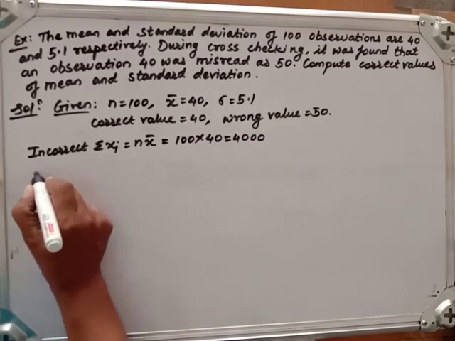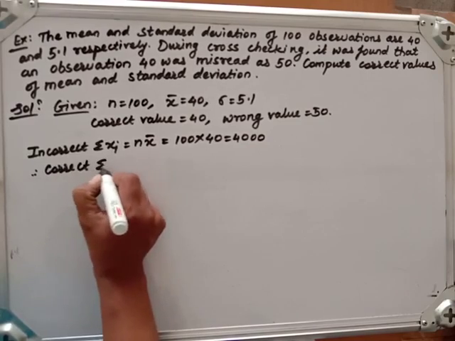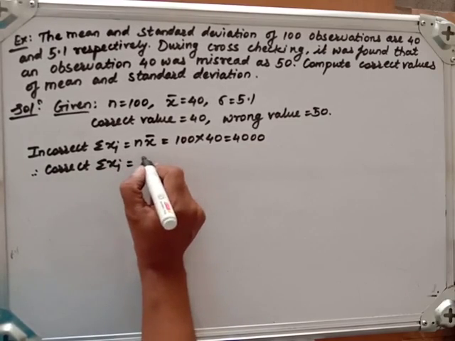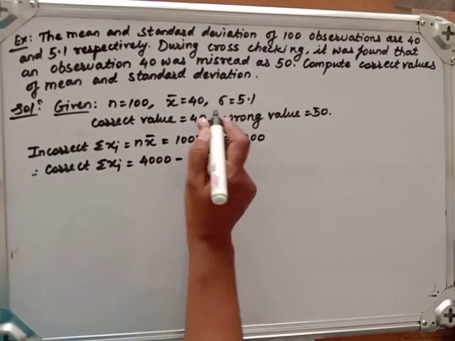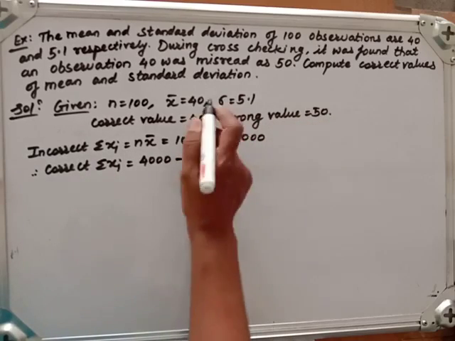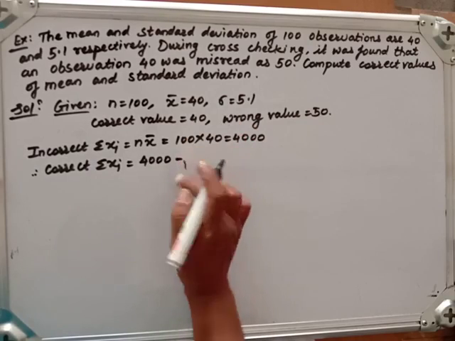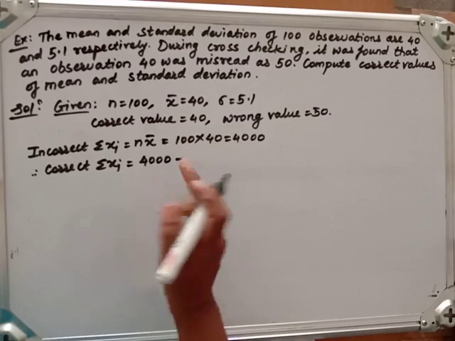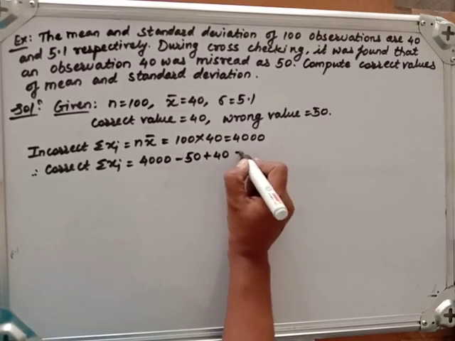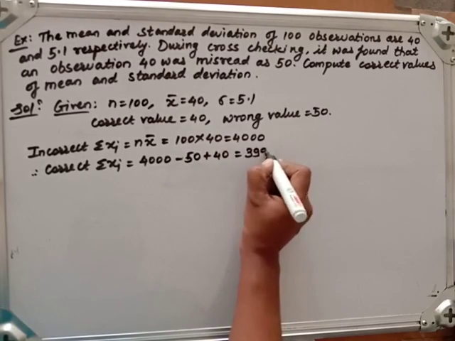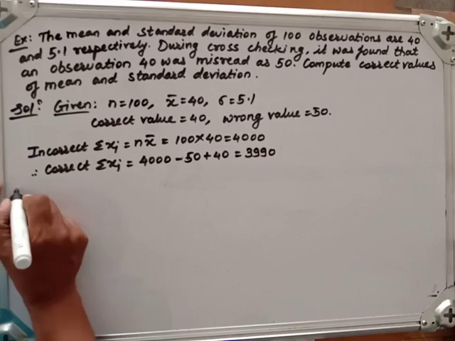Therefore the correct summation xi will be the incorrect summation xi minus the wrong value plus the correct value, so minus 50 plus 40, and this will be 3990.